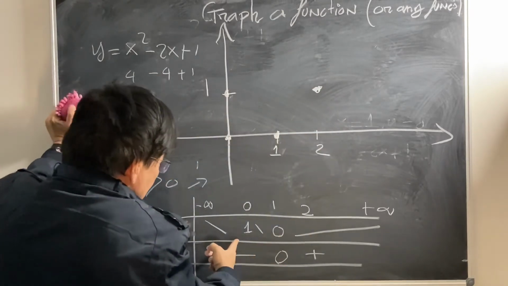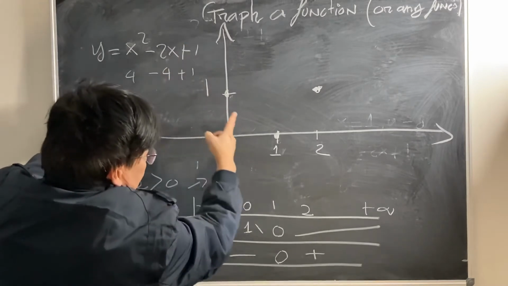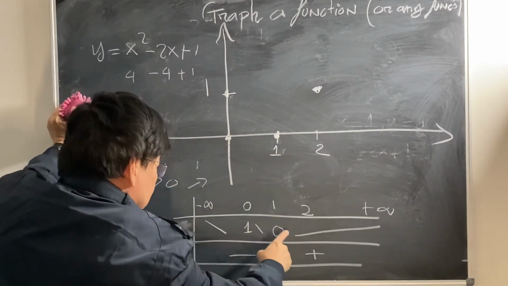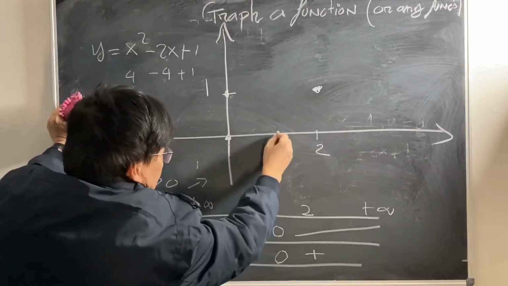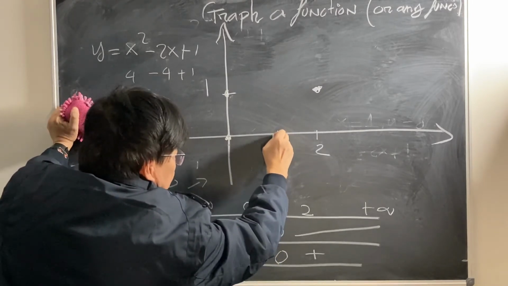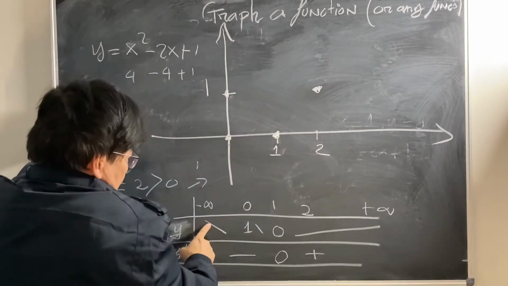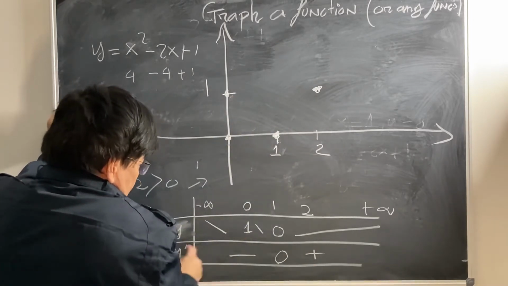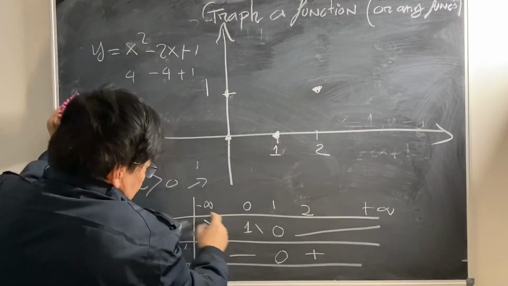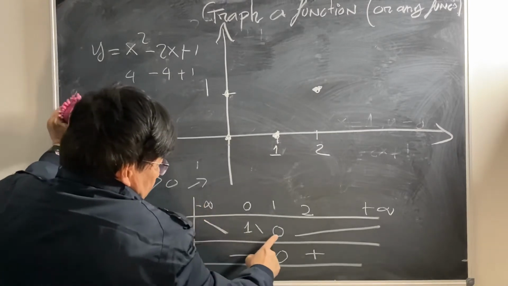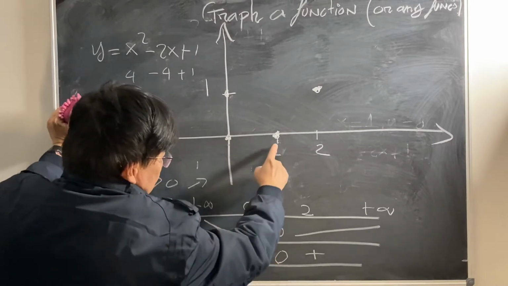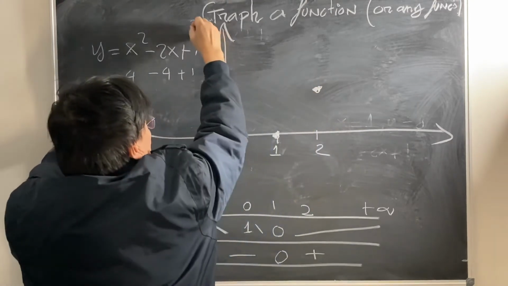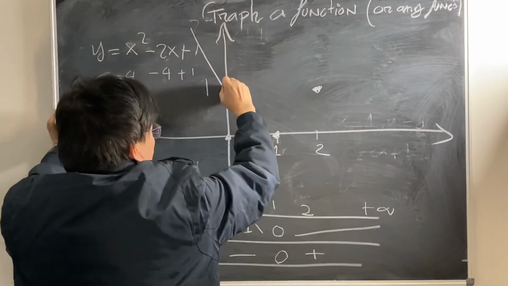Okay, so we know the function will go down, and this point right here with x equals 1, y equals 0 is the local minimum. By y prime, we know this part is negative and this part positive, so the function goes down from negative infinity, hits the local minimum, and then goes up. So we draw that.